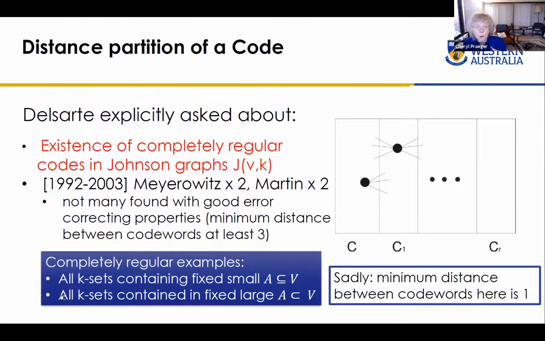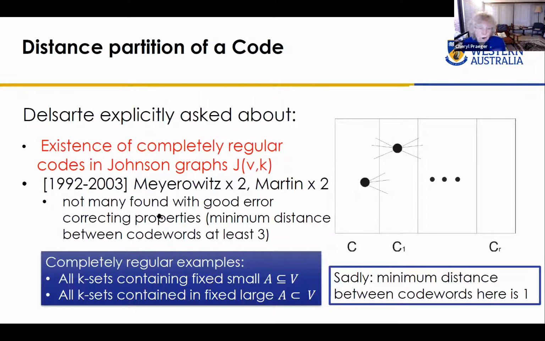Or you could take all the K-sets contained in some fixed large subset A of V. These are all completely regular examples, but if you think about either of these two sorts of examples, you could imagine finding two code words which share K-1 points of V, so that they would have distance 1. And so the minimum distance in these examples, the minimum distance between distinct code words, is 1.